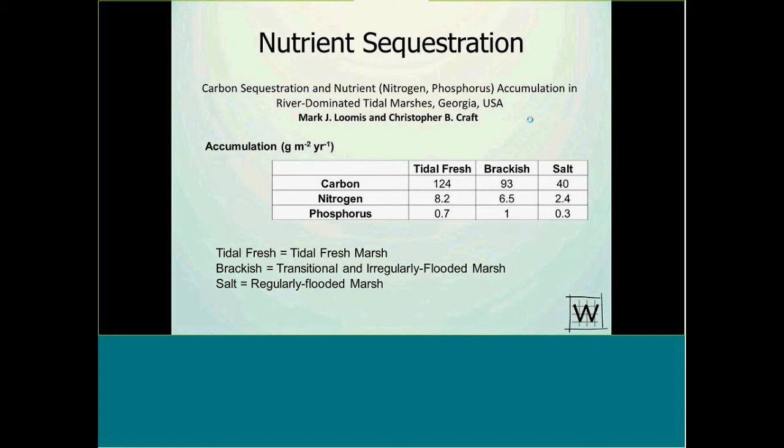For example, this paper by Loomis and Kraft showing the differences and benefits of different types of marshes, all of which are modeled within the SLAMM model, and the relative impacts in terms of carbon sequestration, nitrogen sequestration, and phosphorus sequestration.